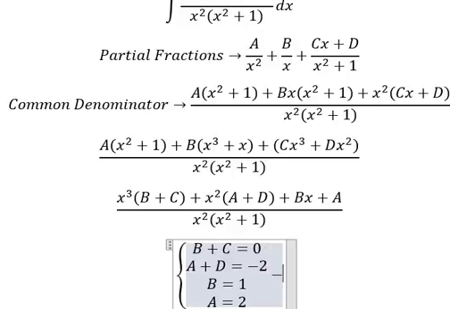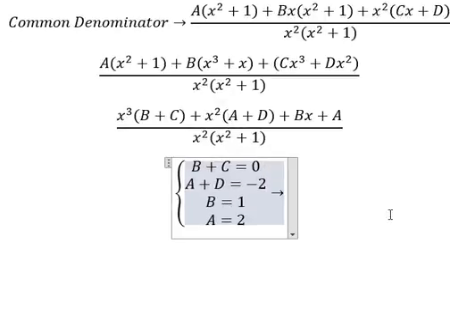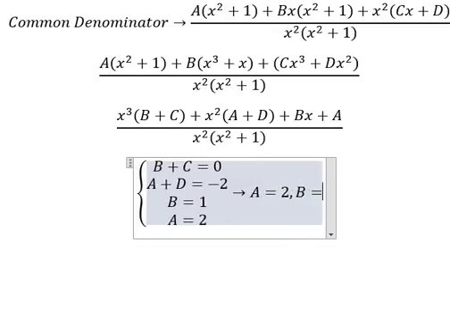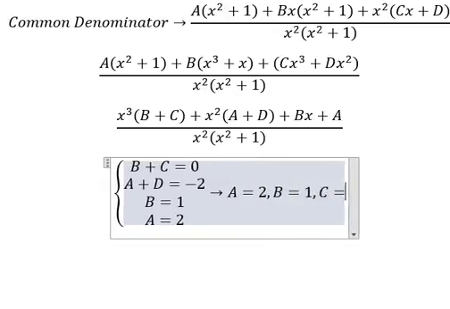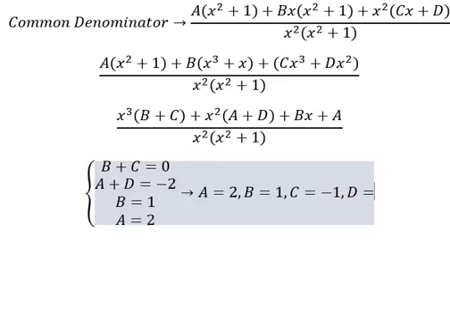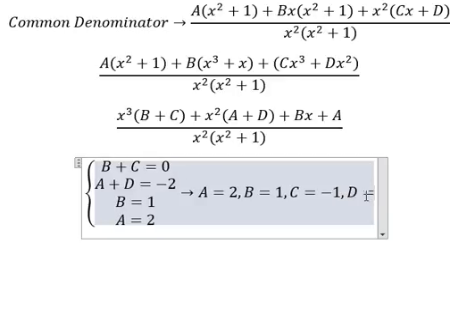Now, we need to find the solutions of a, b, c, d. So a equals number 2, b equals number 1, c equals negative number 1, d equals negative number 4.